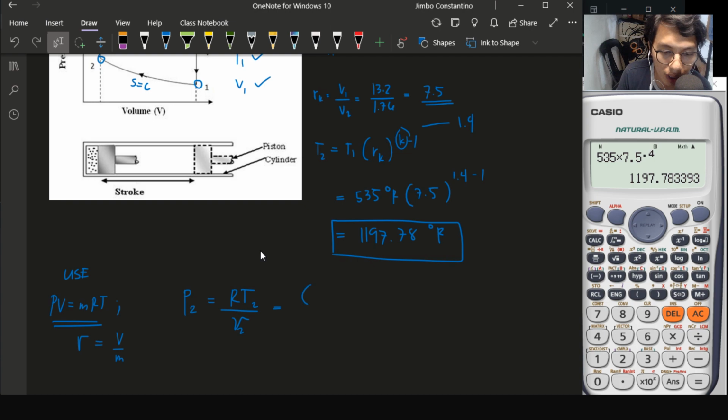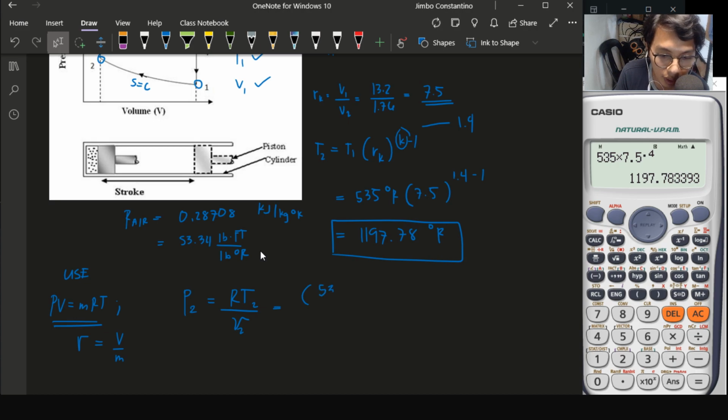So R, ano ba ang R ng air? R of air, kapag SI, 0.28708 kilojoule per kilogram degree Kelvin. Kapag naman English, that is 53.34 pound feet per pound degree Rankine. Okay. So, gagamitin natin dito yung English.